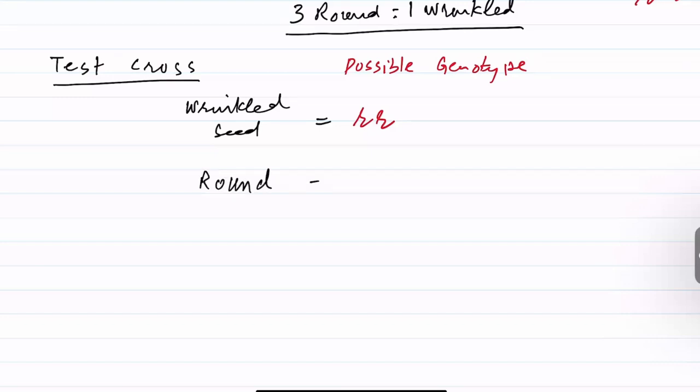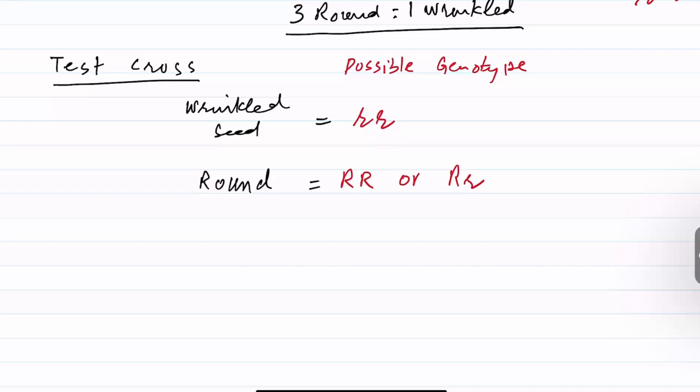A round may be R capital R capital, or maybe R capital R small. So if we have a plant with round seeds, we will be only 50% sure of its genotype. Okay.